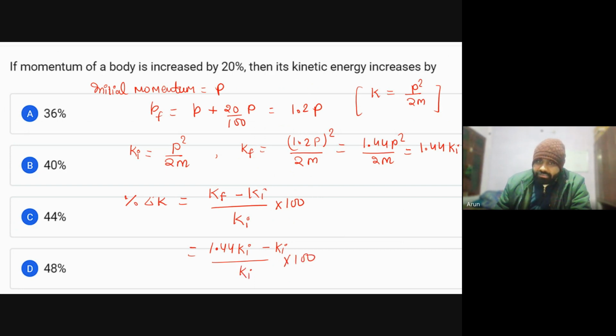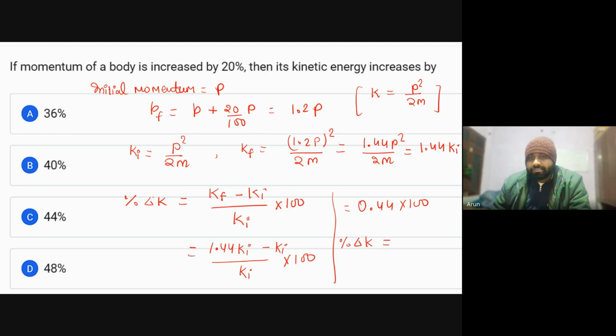You can cancel out this kinetic energy initial. You will be left with 0.44 multiplied by 100. So this percentage change in kinetic energy is 44%. This is the answer of this question. Okay.